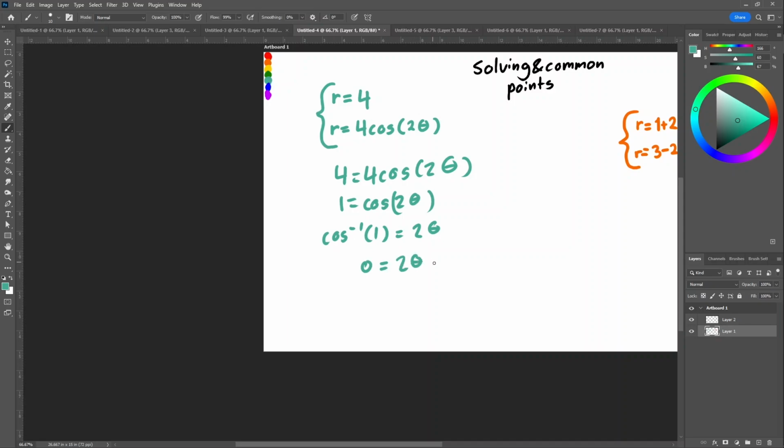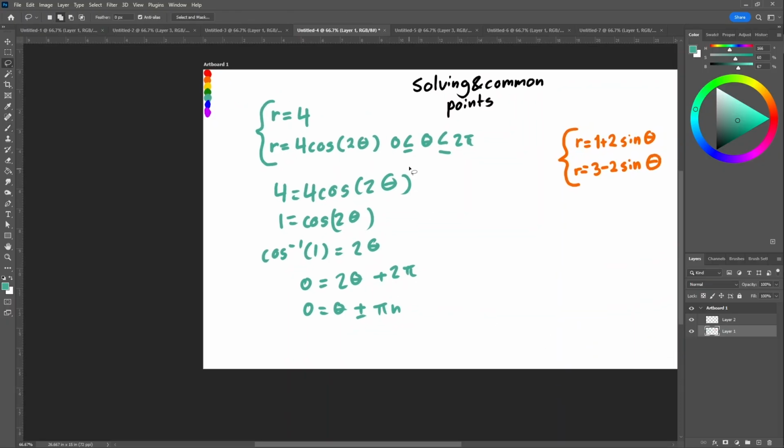So 0 is equal to 2 theta plus, oh yeah, don't forget that we're solving on the interval of 0 to 2 pi. So this would be plus 2 pi for all solutions. We divide by 2 on both sides. 0 is equal to theta plus pi. And so however many times we want to go around the theta loop, the answer is always going to be pi times.